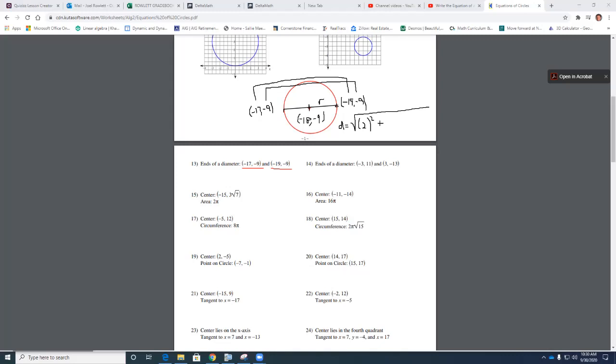Then I do the difference in the y's squared. So negative 9 minus a negative 9 is actually 0, and 0 squared is 0. So I just add 0 there. And that gives me the square root of 2 squared, which is 4. And that means the radius of this thing has to equal 2.